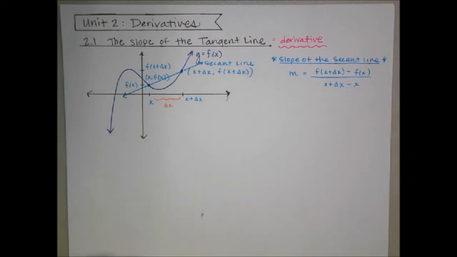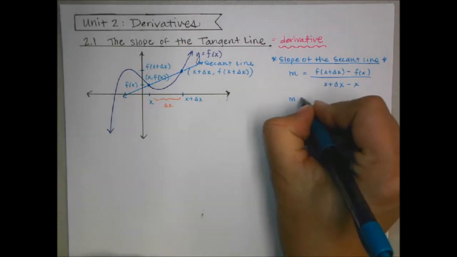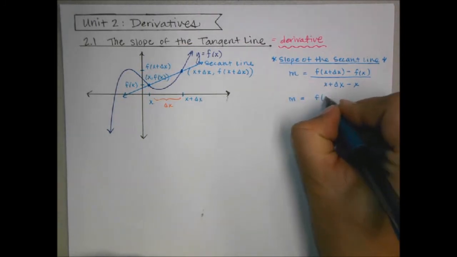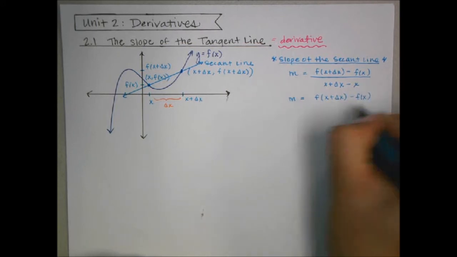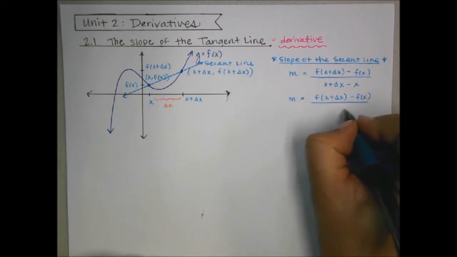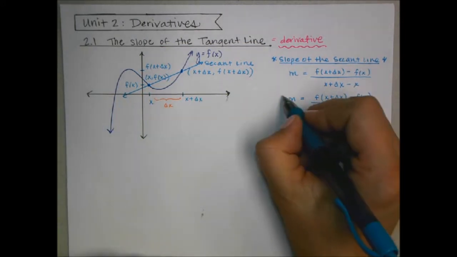Okay, and you might notice that the denominator will simplify. And that's the slope of the secant line, which is just the slope through any 2 points.